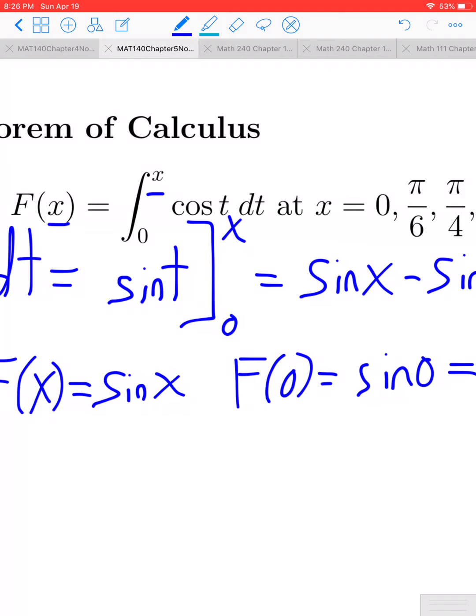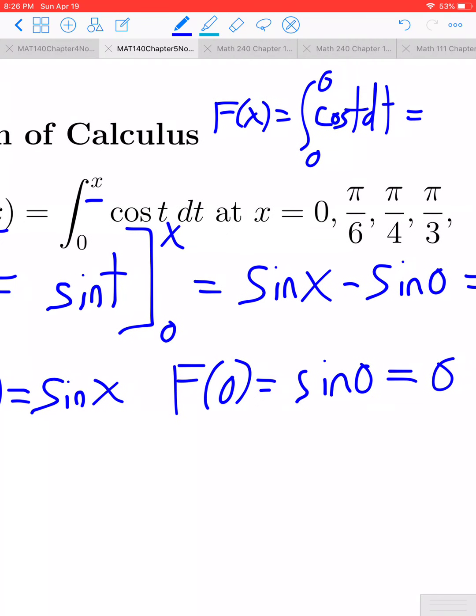Notice that this makes sense, because if I had plugged that in directly up front, this would have been the definite integral from 0 to 0 of cosine t dt. That was one of our rules for definite integrals: the integral from a to a of f of t dt, or f of x dx in this case, would be equal to 0.